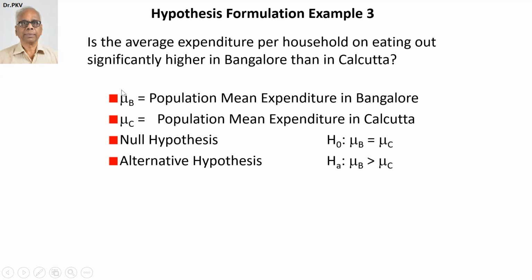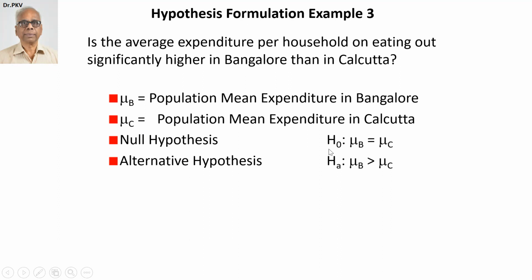So if we represent mu B is equal to population mean expenditure in Bangalore, amount mean expenditure spent on eating out. Mu C is the population mean expenditure spent on food in Calcutta, eating outside. So population mean expenditure eating outside in Bangalore is represented as mu B. Population mean expenditure in Calcutta, that is spending in eating out, is mu C.